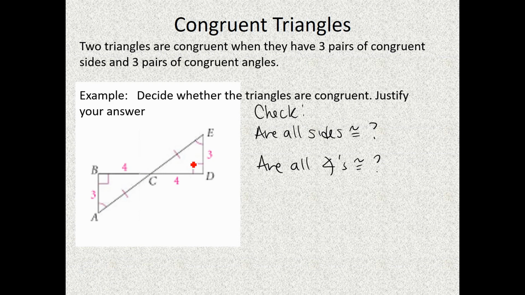Now, based off of what we have here, all the sides, we have this side is 3, this side is 3. We have a pair of sides that are congruent. The 3's are congruent, and the 4's are congruent. So yes, all the sides are congruent.